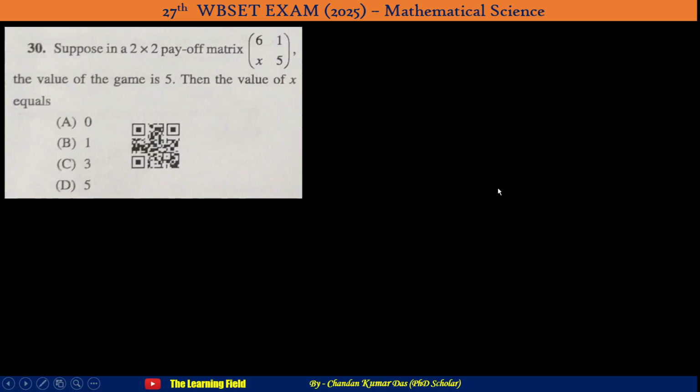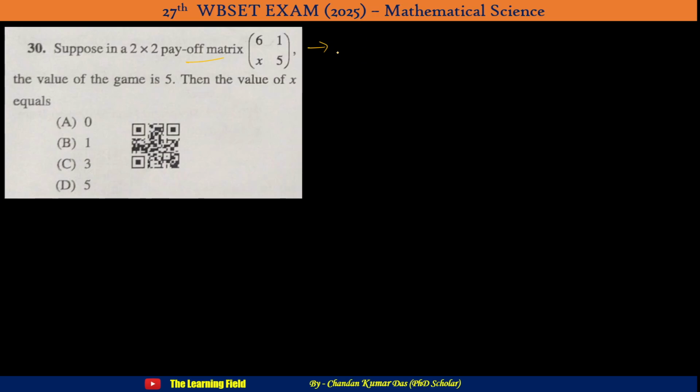Okay, next question, question number 13, comes from game theory. Generally the question was not asked from game theory in the previous years, but in this paper one question comes from the game theory perspective.